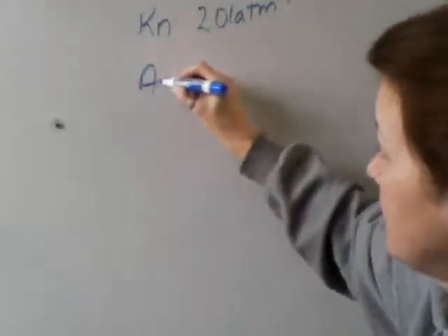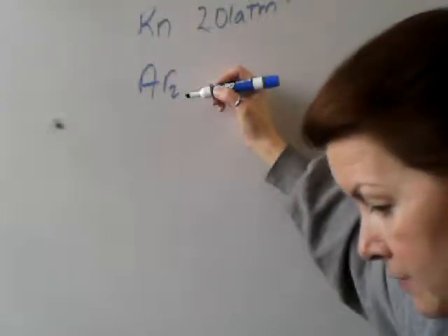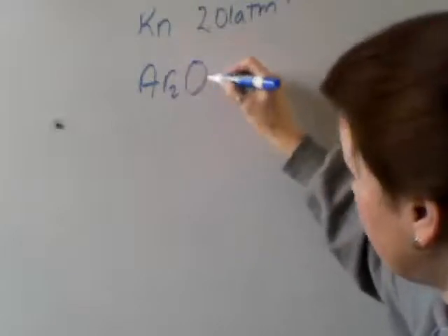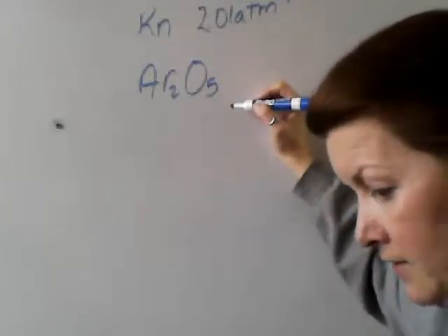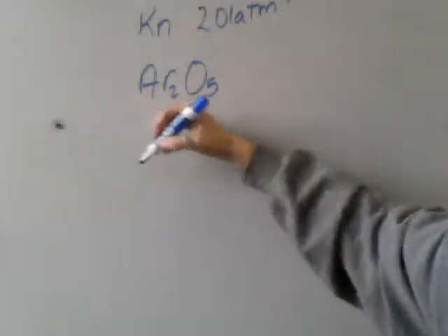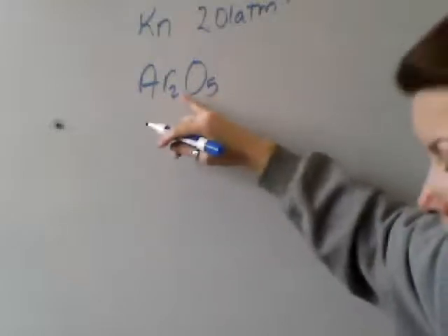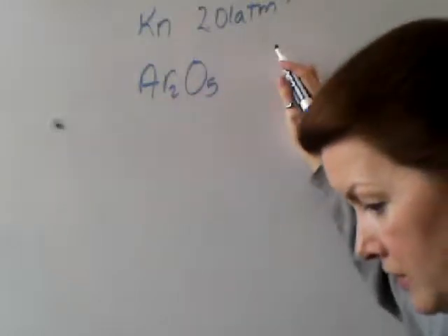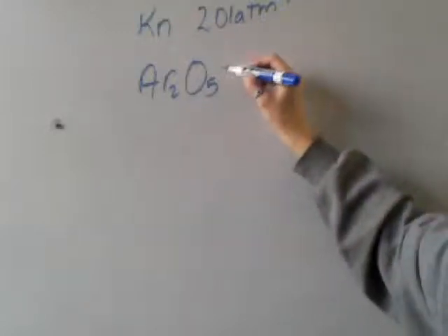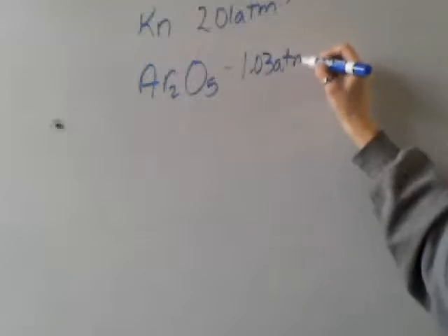Diarsenic means we have 2 arsenics, and pentoxide means that we have 5 oxygens. It ends with an IDE, so we know that it's not a polyatomic ion, it's just arsenic and oxygen. Diarsenic pentoxide at a pressure of 1.03 atmospheres.